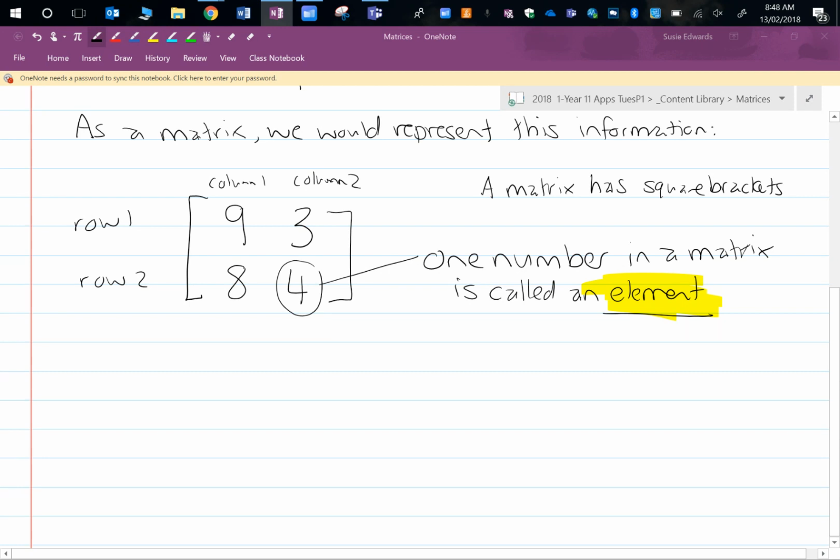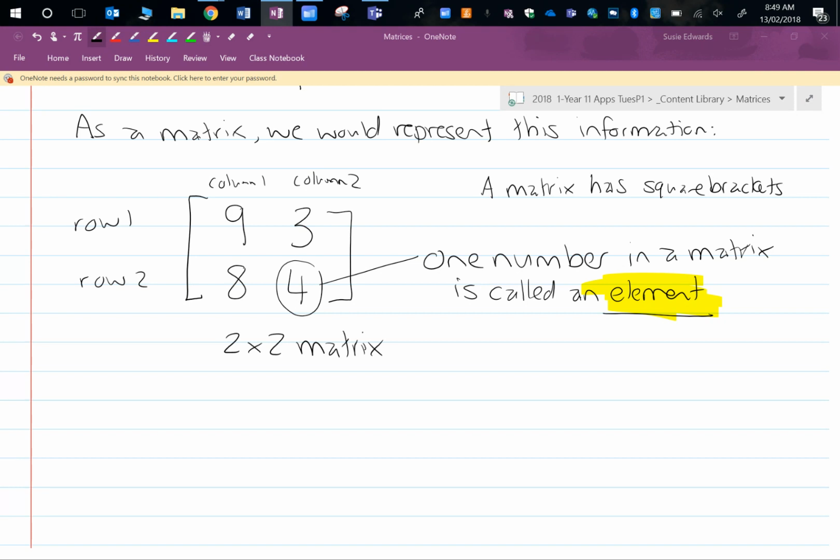All right, so we talk about a matrix by its size. Okay, how do you think we could talk about this matrix? If I was talking about the size of this matrix, any ideas on how I could? Yeah, the amount of rows and columns. So this is called a 2 by 2 matrix. Which one do you reckon's first? Which two's first and which two's second? Rows, then columns, okay?